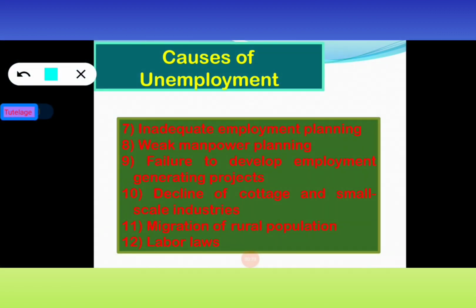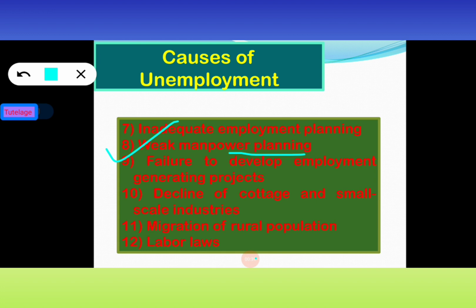Next point is weak manpower planning. The last point was inadequate employment planning, and now the cause is basically weak manpower planning.